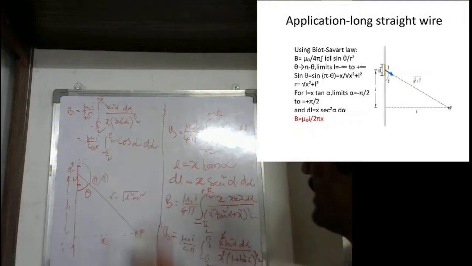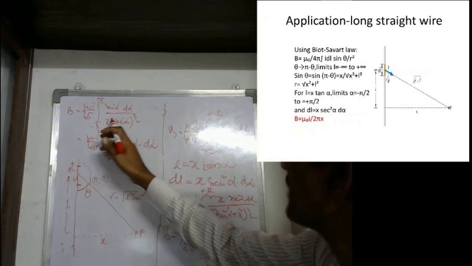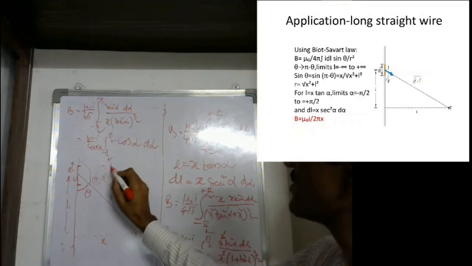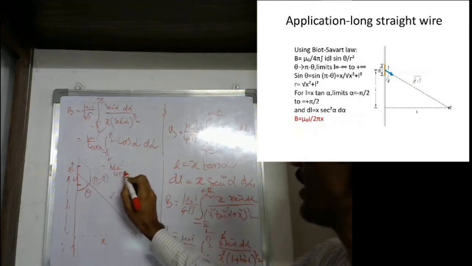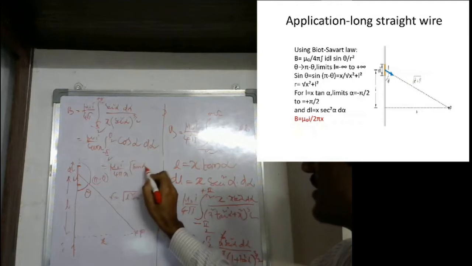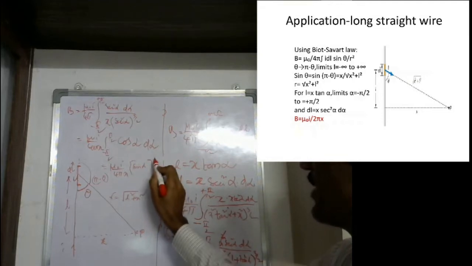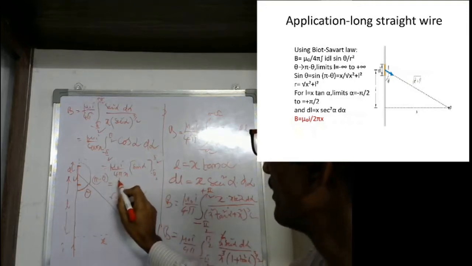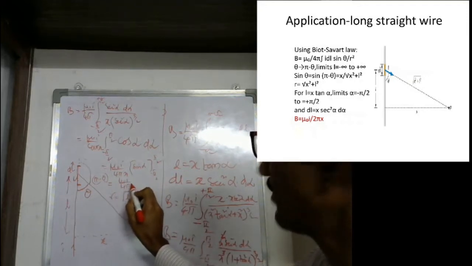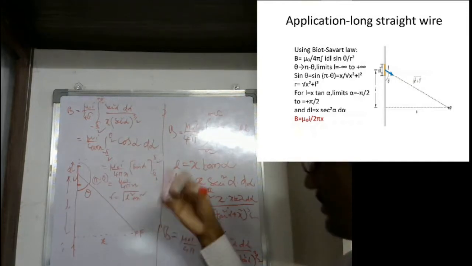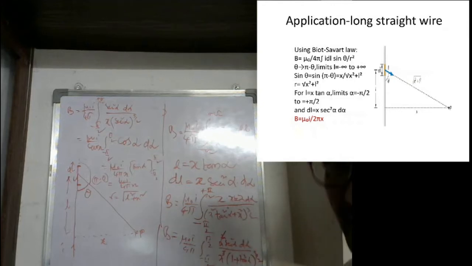Now, what is your integral variable here? Alpha. So you may safely put this x outside. Now this is equal to mu naught I by 4 pi x. What is the value of this? Integral of cos alpha is sin alpha, from minus pi by 2 to pi by 2. So the answer is mu naught I by 4 pi x times sin pi by 2 minus sin minus pi by 2.